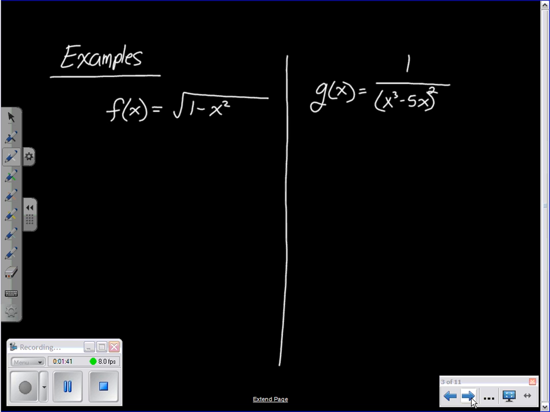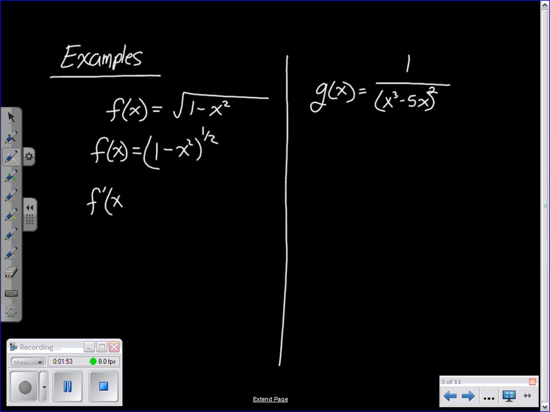So let's look at a few examples. If I have f of x equals square root of 1 minus x squared, let's first rewrite this as f of x equals 1 minus x squared to the 1/2 power. Whenever I go to find the derivative f prime of x, I'm going to take the derivative of the outer function, which is 1/2, and then I'm going to subtract 1 from my exponent. That would be our power rule.